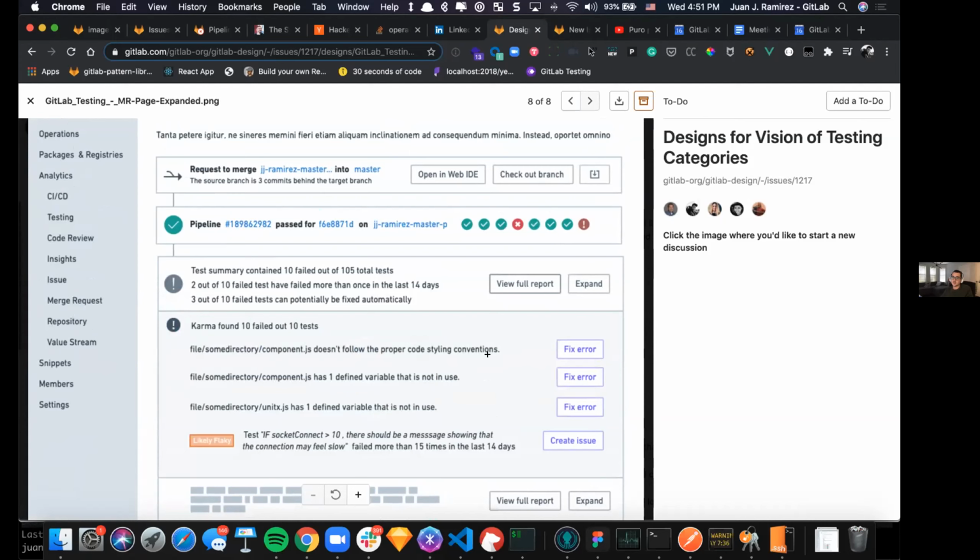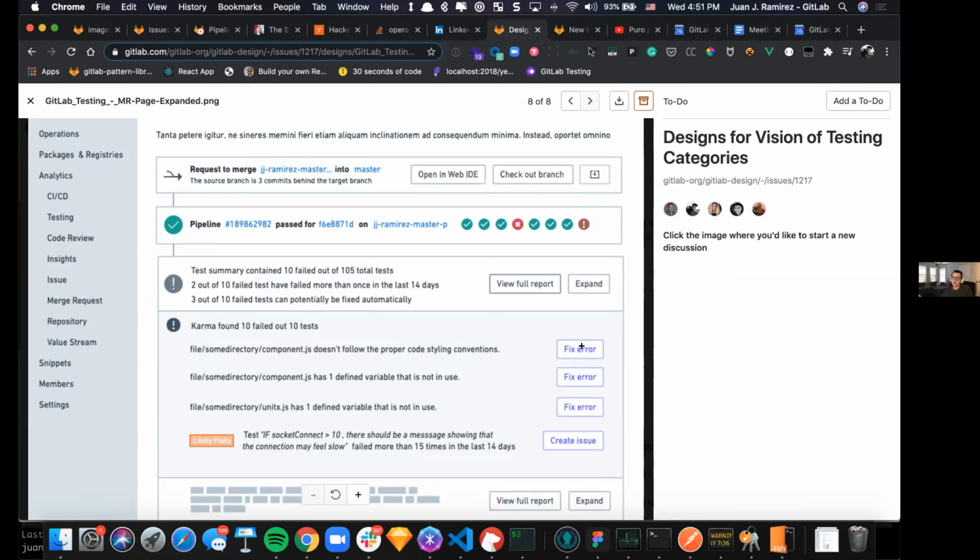That's something that you can fix. Usually, what you would do is go back to the file, fix the file, push a new commit, and then rerun the pipeline, and then it's fixed. But there's no reason to do that if we could apply that from here.